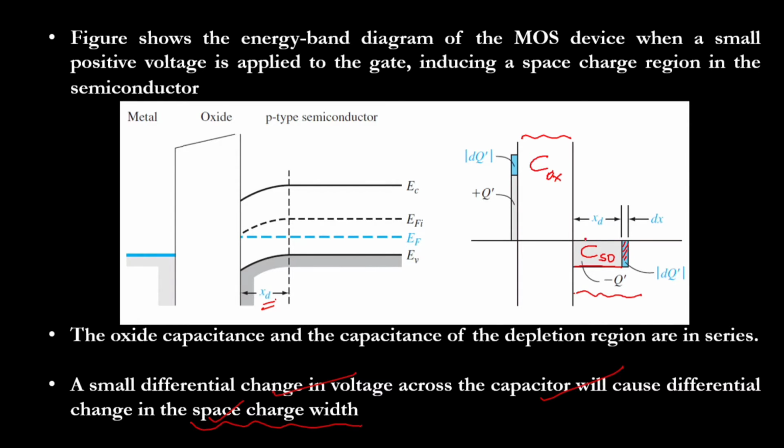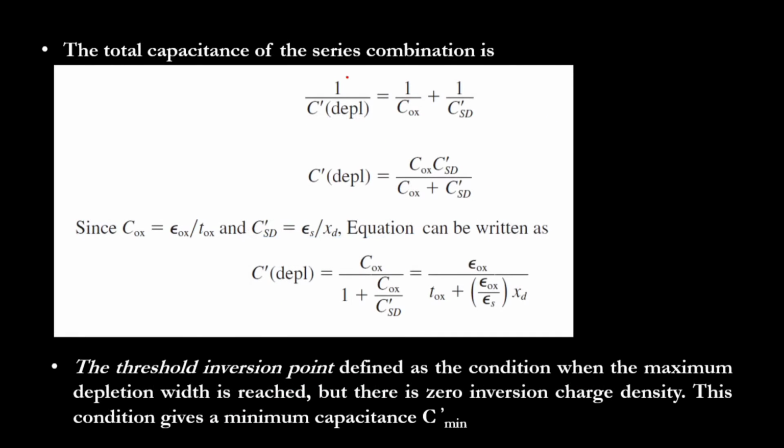Okay, and the total capacitance, this is in series, right? Since it is series, the total capacitance, this is basically for depletion, so we write 1 by C depletion is equal to 1 by COX plus 1 by CSD. We know this: when the two capacitors are in series, we know how to calculate the effective capacitance.